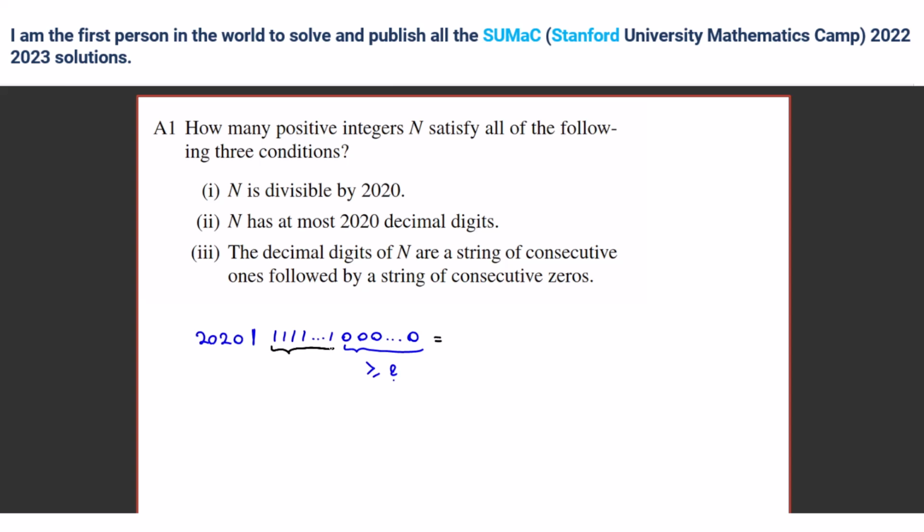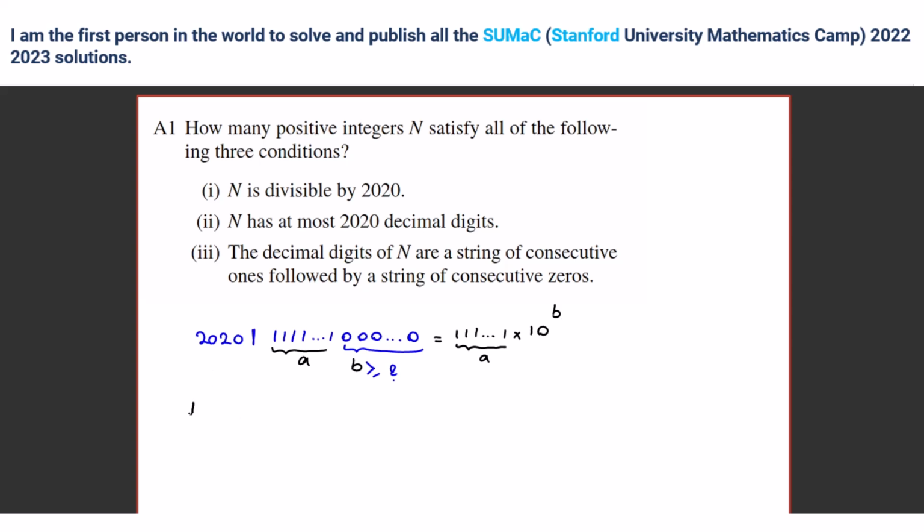Let's call this number A. Do you agree it's some number of ones, A ones, followed by, suppose, B zeros? So it is A times 10 to the B. This number is a multiple of 20.